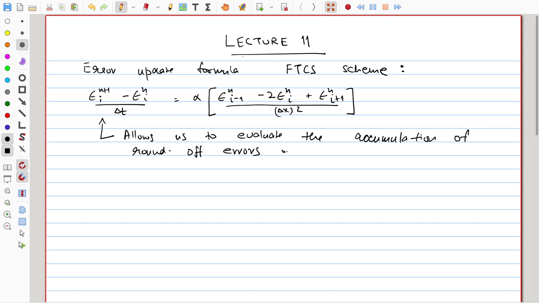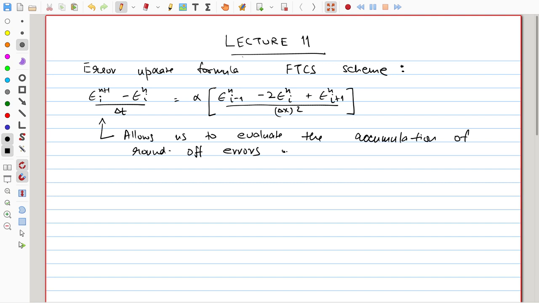Okay, so this update formula allows us to evaluate the accumulation of the round off errors. Remember, it's the accumulation we're talking about. We're not talking about generation here, because what's important here is to figure out whether the old errors which were generated earlier in the previous iterations grow with time or decay with time, and that's a property of the algorithm. That's what we have written here.